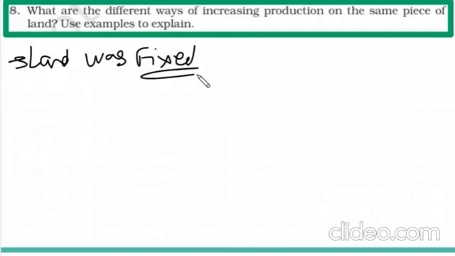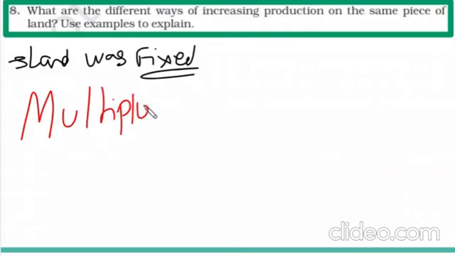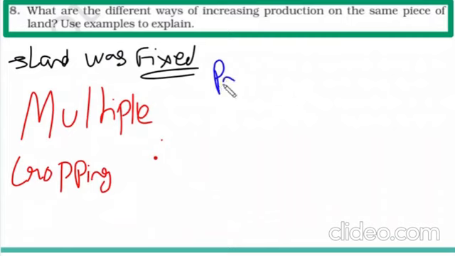How? We can increase our production on the same piece of land by multiple cropping. What example will I give? No example is to be given. Our best example we have in our chapter is Palampur. Even they are doing multiple cropping throughout the year, right?